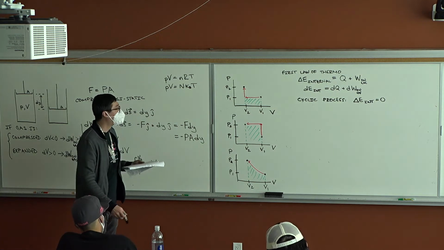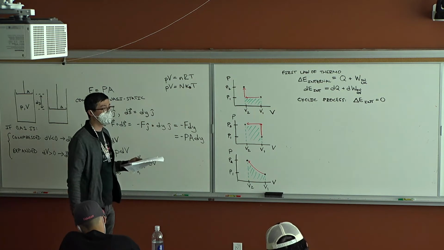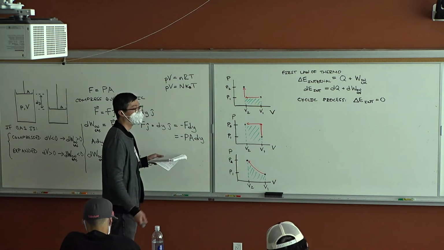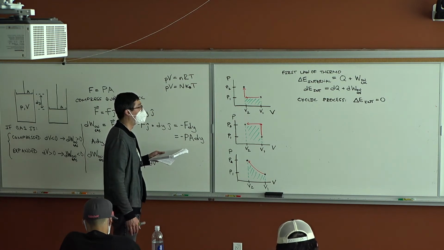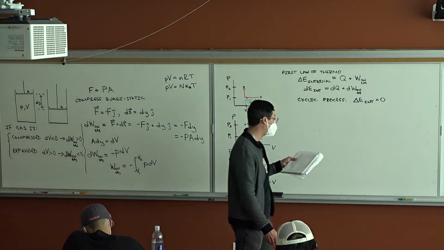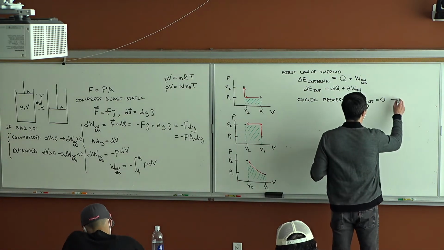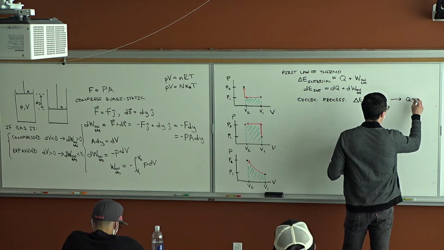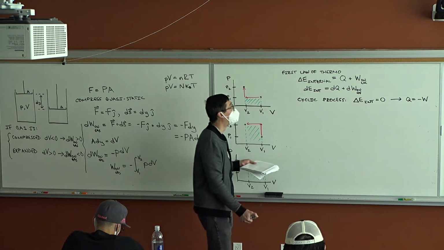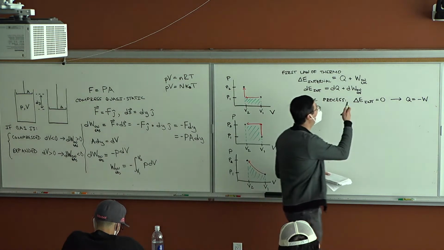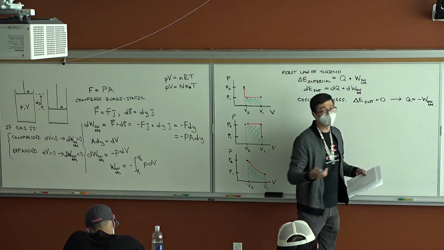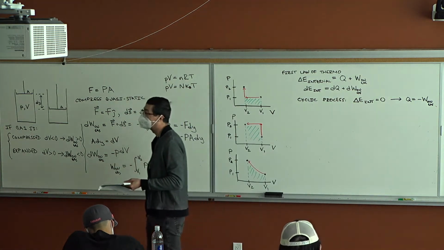If you take it all the way back to the point where it started, the system is reset, right? And so in that case, we have Q has to be minus W. And I'll hold out remembering to write on gas as long as I can, but I'm going to forget.